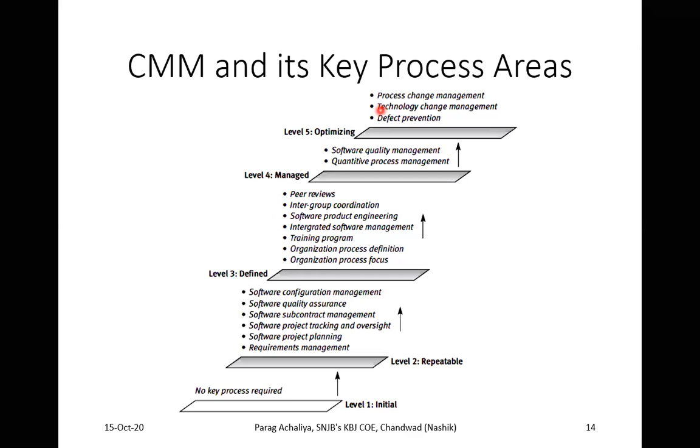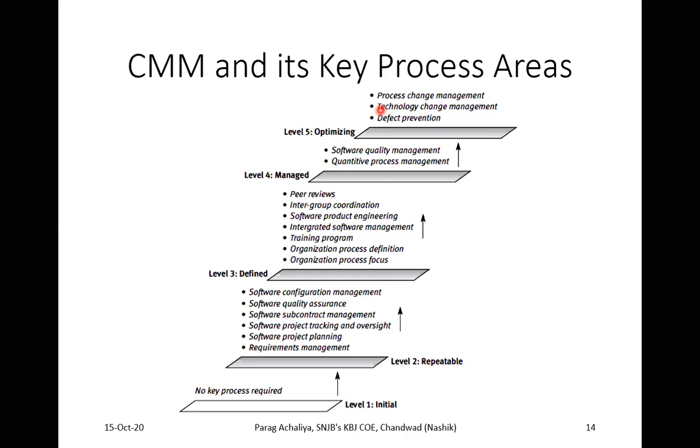The next activity will be technology change management. If you wish to change your technology, how you are going to change it should be focused on here. For example, if you have developed your web application in PHP and MySQL, but later on you come to know that MySQL is not feasible, you try to switch from MySQL to MongoDB.